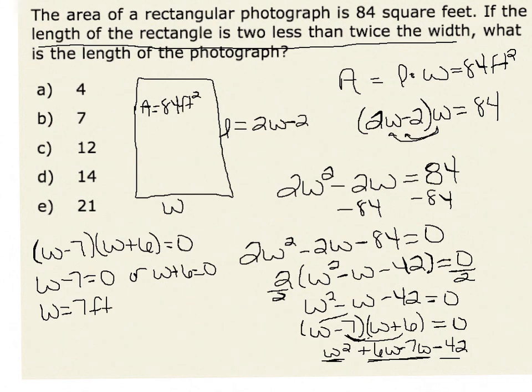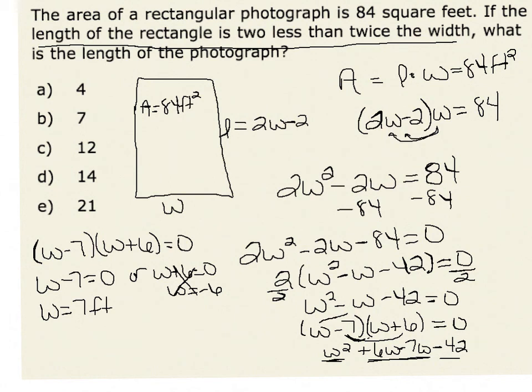In our second equation, W plus 6 is equal to 0. In order to solve for W, I would subtract 6 from both sides, giving me W is equal to negative 6. Since I'm dealing with the width of a rectangle, I know that this is a distance and it must be positive. Therefore, I have the width of my rectangle, and it is equal to 7 feet.